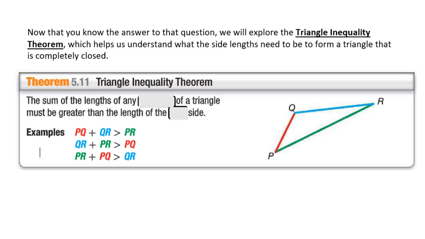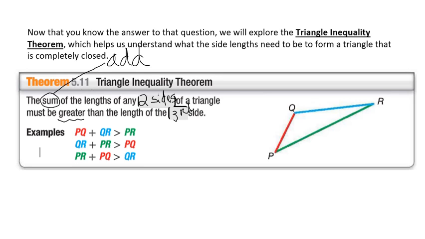Now that you know the answer to that question, this actually has a name. This is called the triangle inequality theorem. It helps us to understand what the side lengths need to be to form a triangle that is completely closed with no gaps. What the theorem says is that the sum, and here's that word sum again, that means we're adding, of the lengths of any two sides of the triangle has to be greater than the length of the third side.